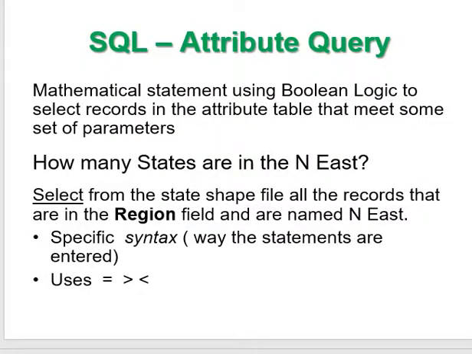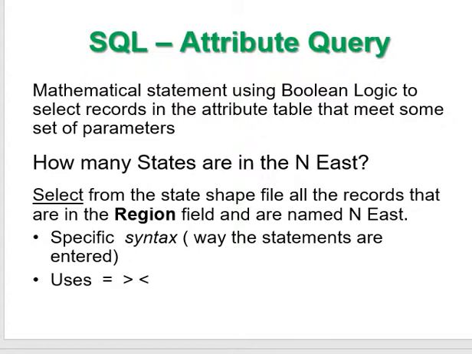One of the reasons that categories and nominal fields are helpful is that you can use those fields to select or to do information queries. So we're going to do some queries, which is just asking questions about the data or trying to create a subset of the data.